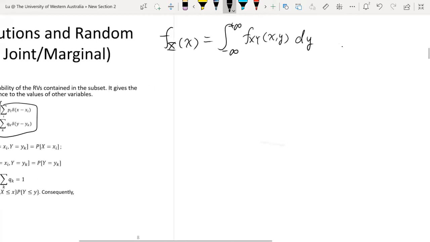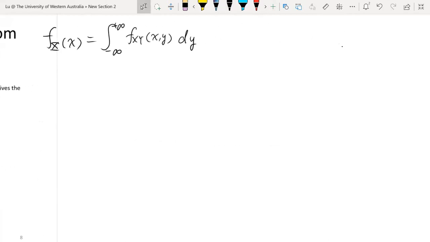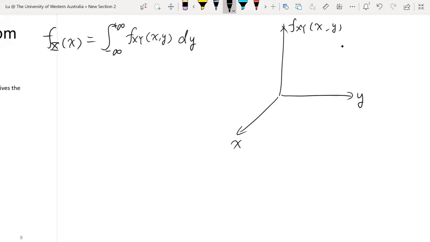How to understand this? Let me use a small graph to show you. In this case, we have to plot our joint PDF. Sorry guys, again, I'm not good at drawing, so I will try my best to make the drawing clear. But if I fail, please let me know. I can give you more explanations. Now, I assume I know the surface of this joint PDF, which looks like, let me change the color, maybe gray, something like this.